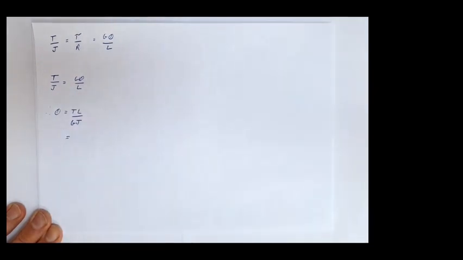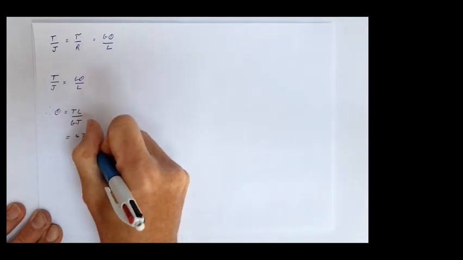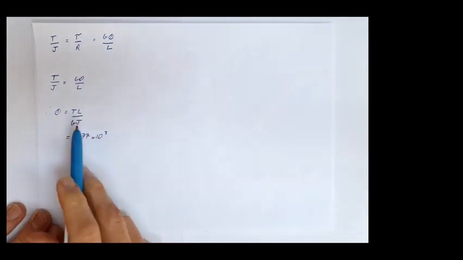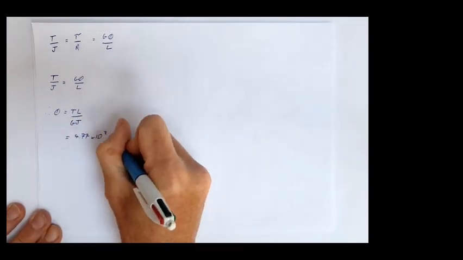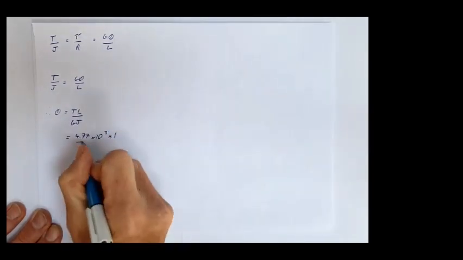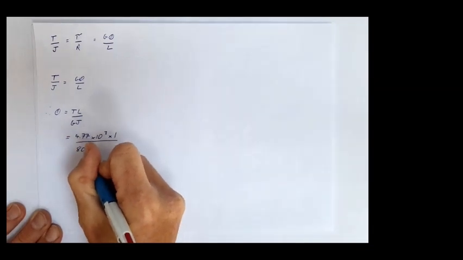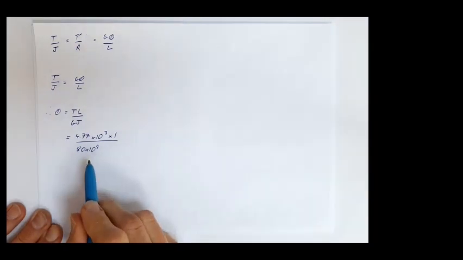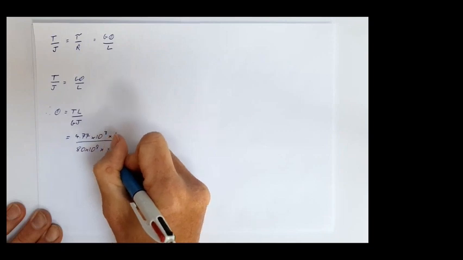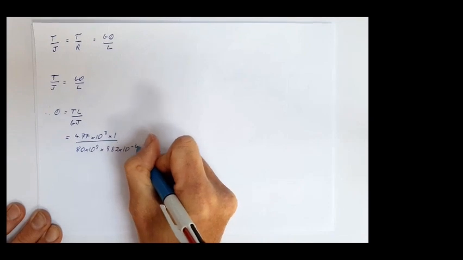G J. Okay, now my torque, we worked out in the first part of the question, was 4.77 times 10 to the 3. L, the length of our shaft, now we're asked to calculate the angle per meter, so that will be 1 meter, divided by G. We're told it's 80 gigapascals, so 80 times 10 to the 9, times J. J we've also worked out in the first part of the question, 9.82 times 10 to the minus 6.